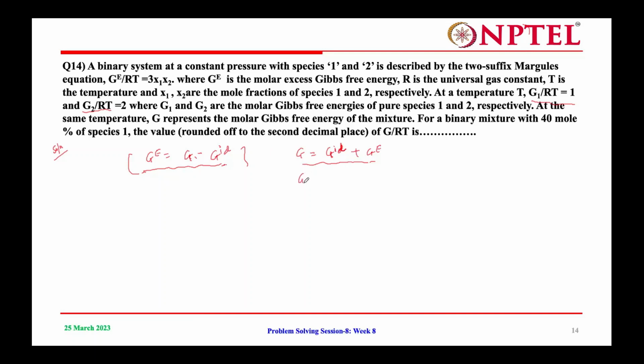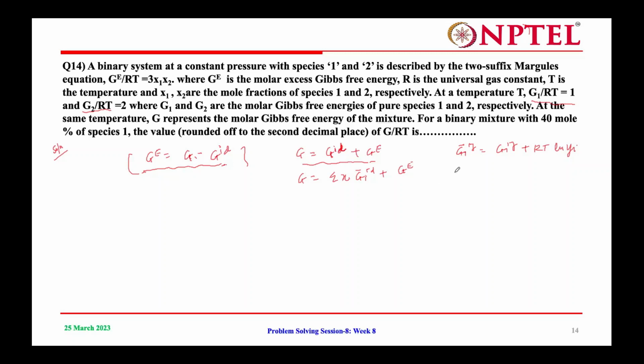So G is equal to summation xi Gi bar, right? Now we know for ideal gas mixtures, the partial molar Gibbs energy is Gi bar equal to Gi^ig plus RT ln yi.